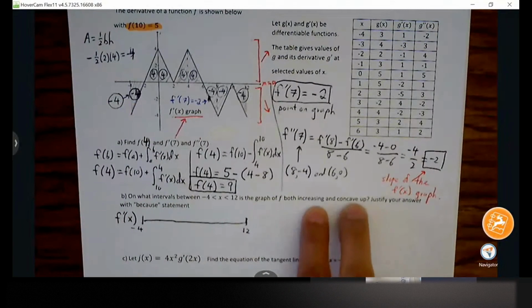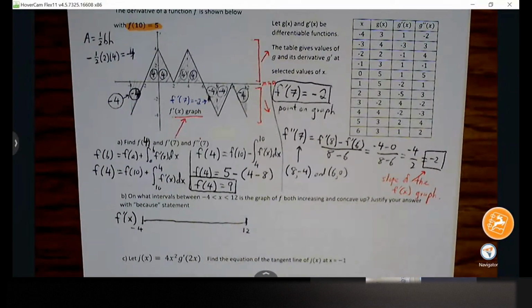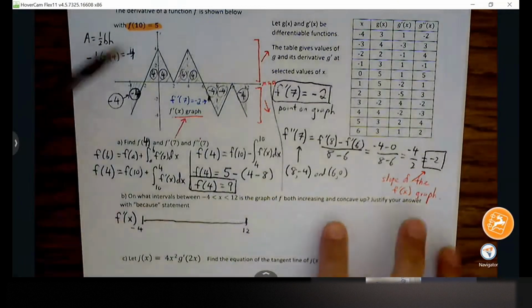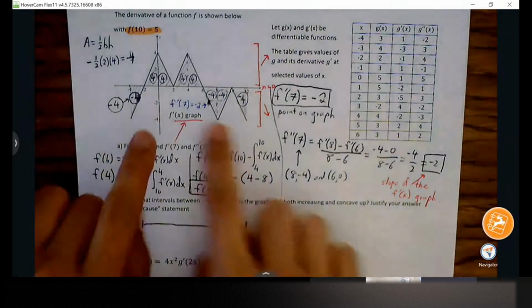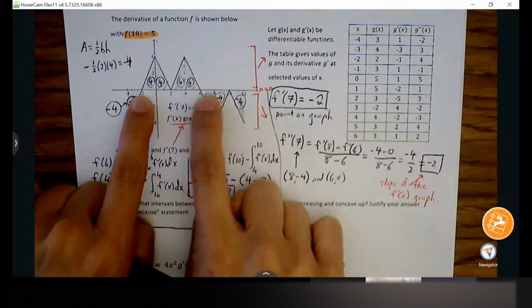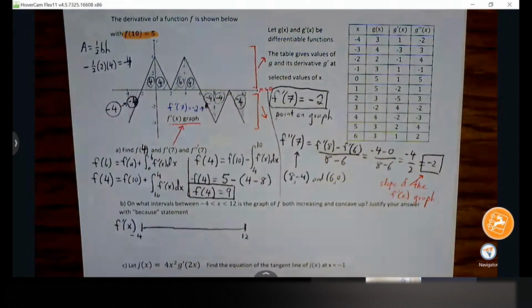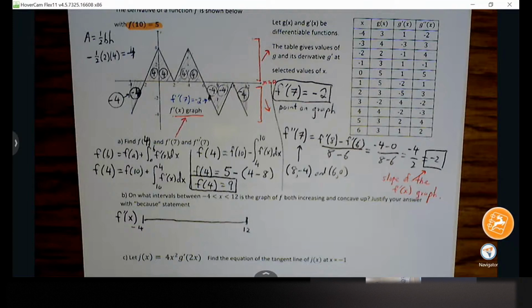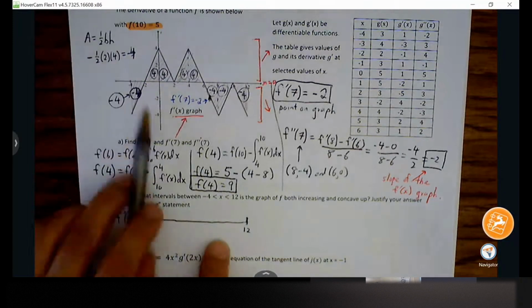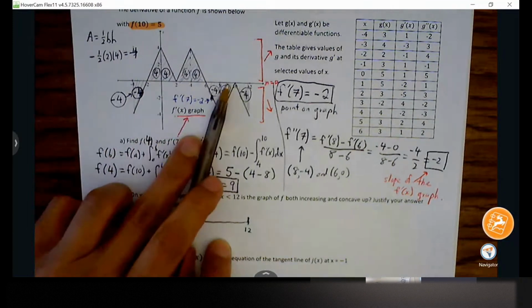All right, so F prime. We can create a slope line. Anything above is going to represent positive slope. Anything below is negative slope. Anything on the x-axis are my x-intercepts. So -2, 2, 6, and 10.